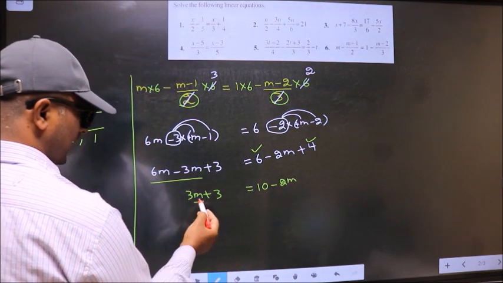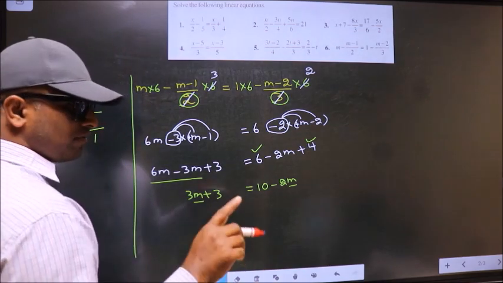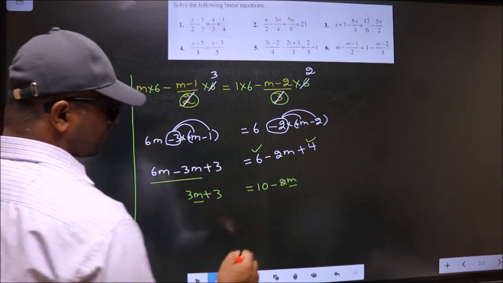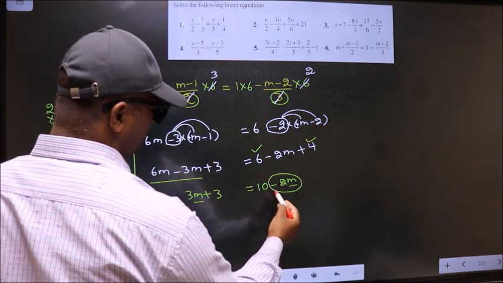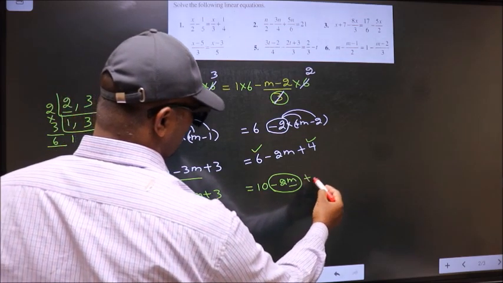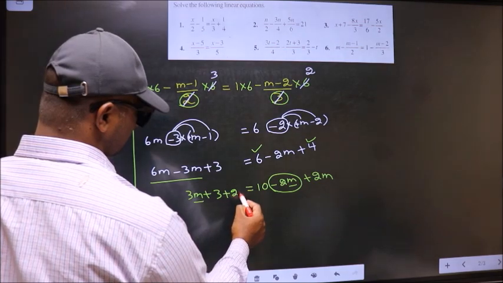Now we have m term here and here also m term. We should bring all the m terms on one side. For that, we should remove minus 2m from this side. So to remove minus 2m, you add 2m on both sides.